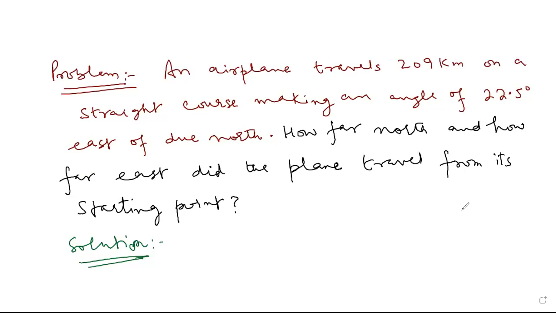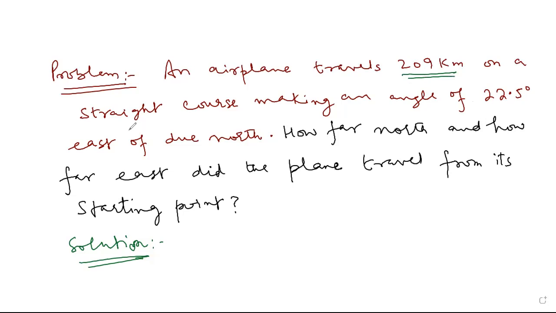So as you can see, the problem is based on a displacement. The displacement occurs in the airplane. The magnitude of the displacement is given, 209 kilometers, and its direction is specified by this angle, 22.5 degrees east of due north.